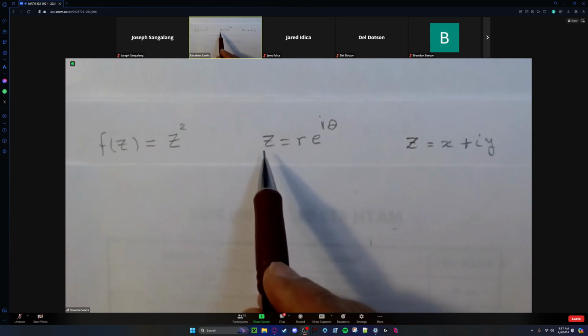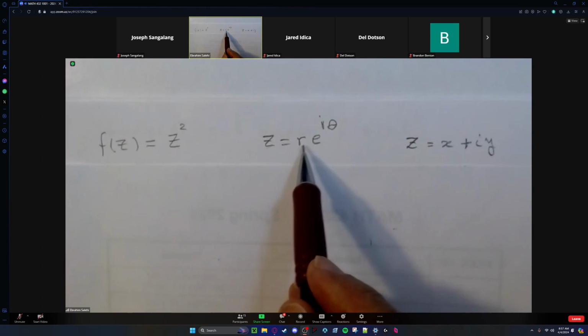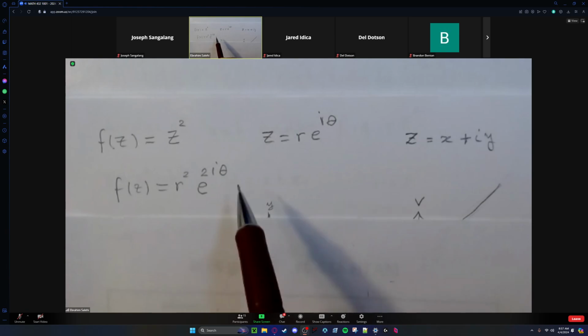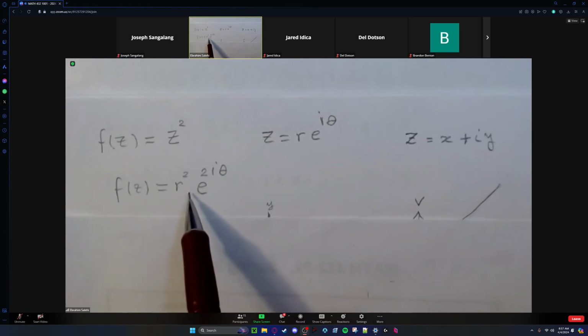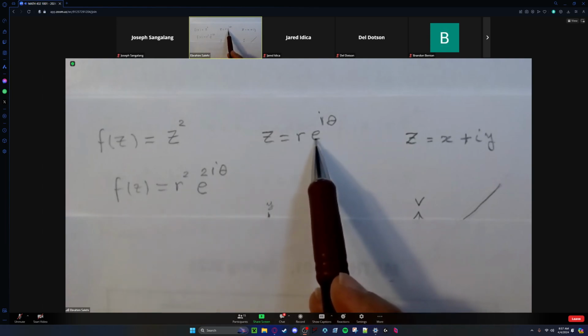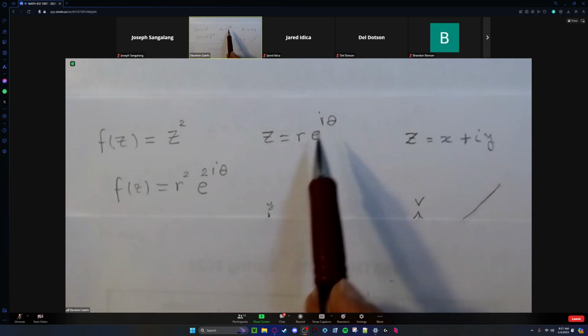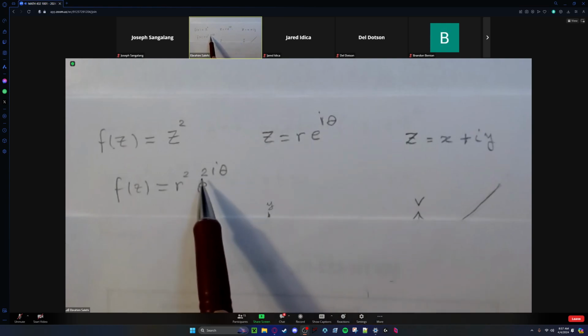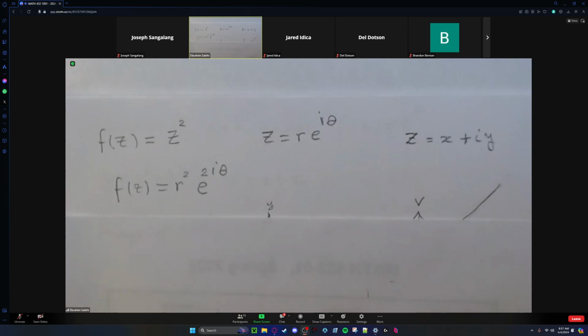So let's first say Z is this. What happens if we apply this Z squared on it? Let's see what happened. The modulus of Z became squared, and the argument, which was theta, became 2 theta. 2 theta, right?